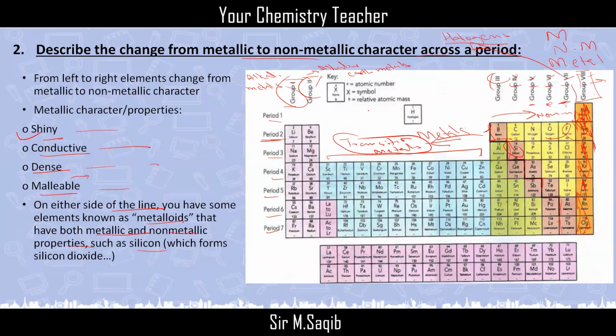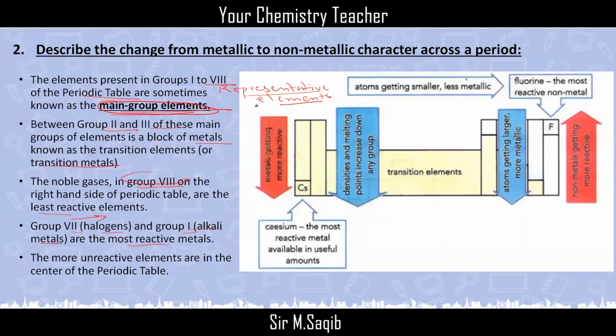So if you are asked about the most reactive metals, you will say group 1A, and for the most reactive non-metals, you will say group 7A. And all those elements in the center are more unreactive.